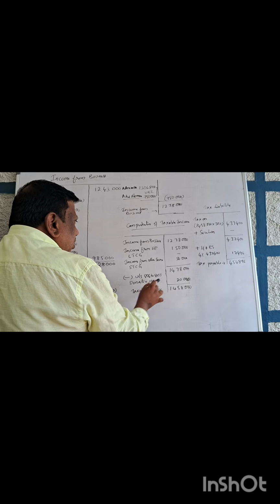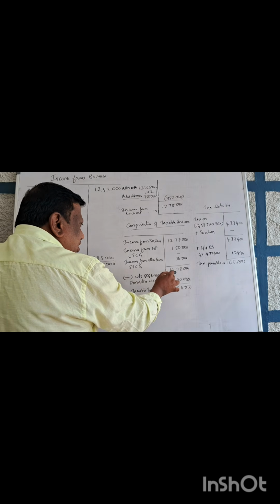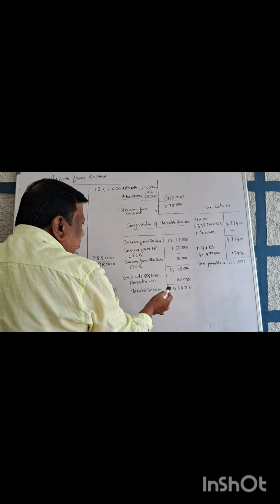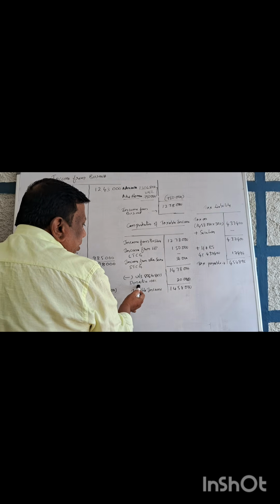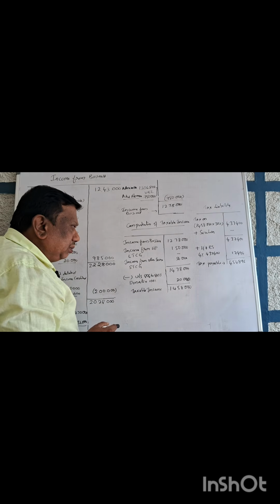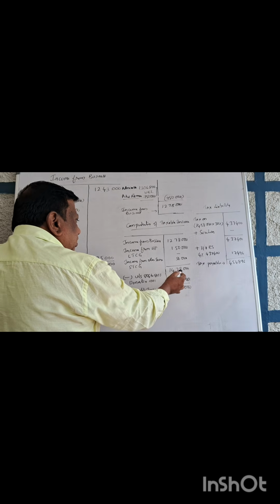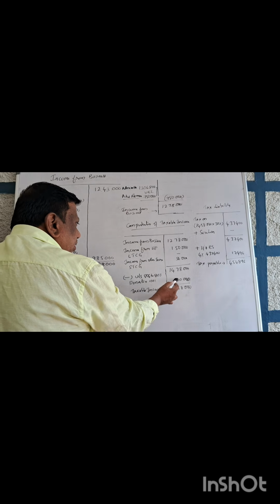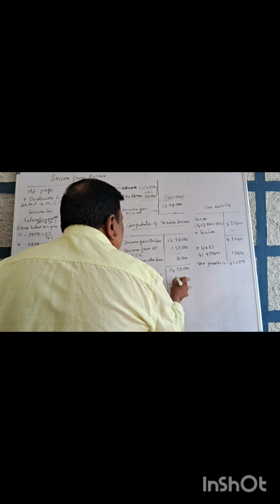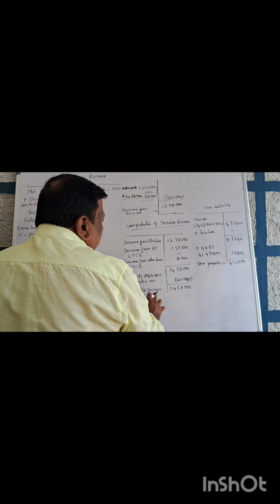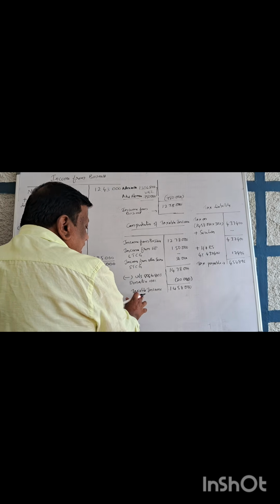STCG is not given. So 14 lakh total income. This is total income, and we have to subtract the donation, because that is 100% exempt. So 14 lakh 78,000 less 20,000, if you subtract, this is 100% exempt. So we get 14 lakh 58,000 as taxable income.